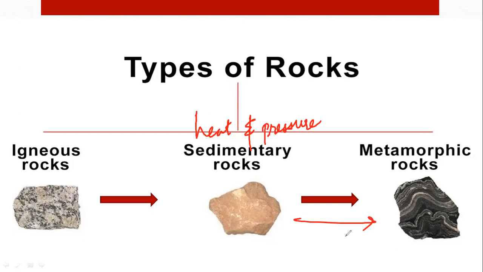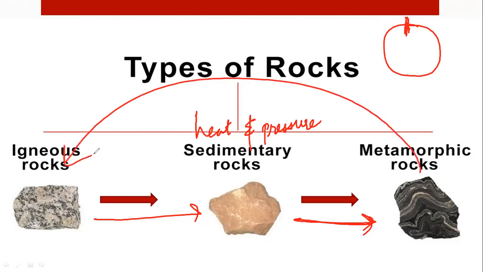Now, I just mentioned that a cycle is where we reach the point from where we started. So, igneous is getting converted into sedimentary, sedimentary is getting converted into metamorphic. So for the cycle to get completed, metamorphic needs to get changed into igneous as well. Then only the cycle will get complete.